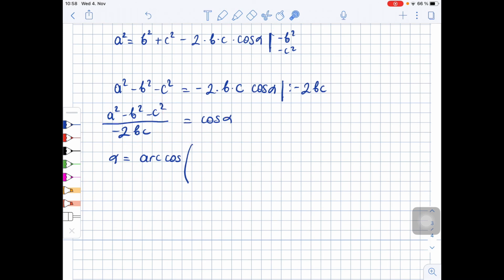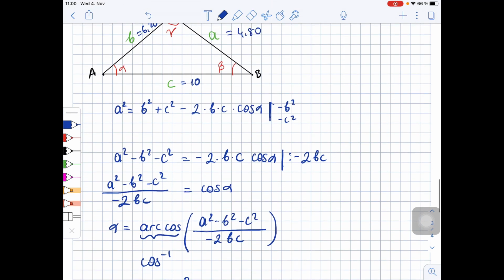So let's write down the whole thing: a squared minus b squared minus c squared divided by minus 2bc. So how do I type this in my calculator? Cosine minus 1. Okay, let's type this in my calculator. I know the a, b, c. 21.5 degrees. Now, what did I find?